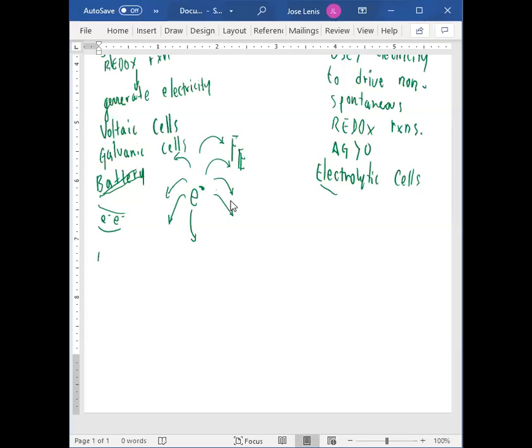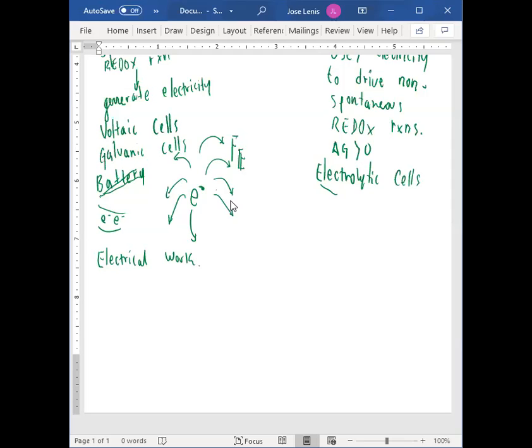And that is what we call electrical work. So we have a transformation of energy here in these voltaic cells.